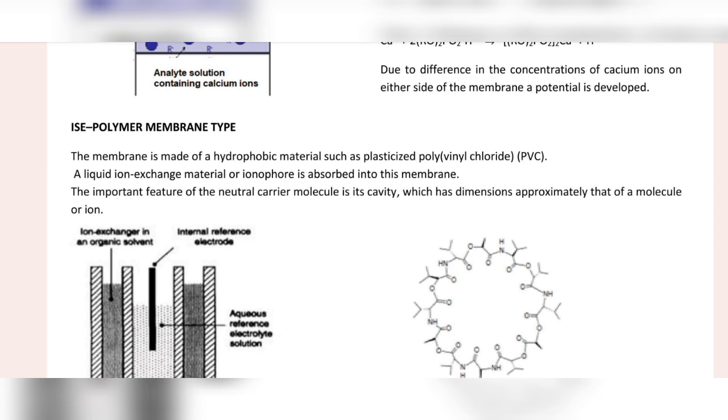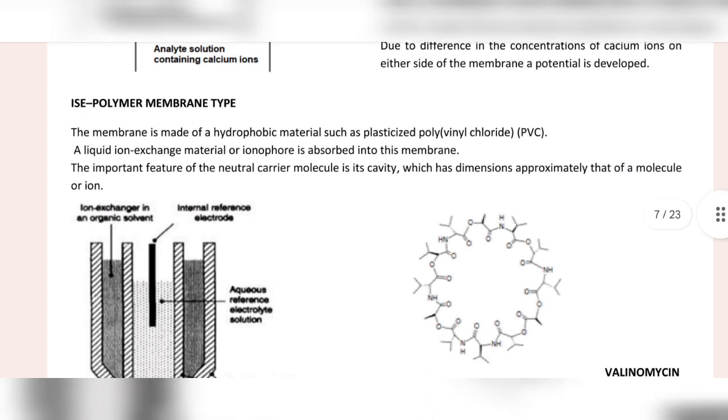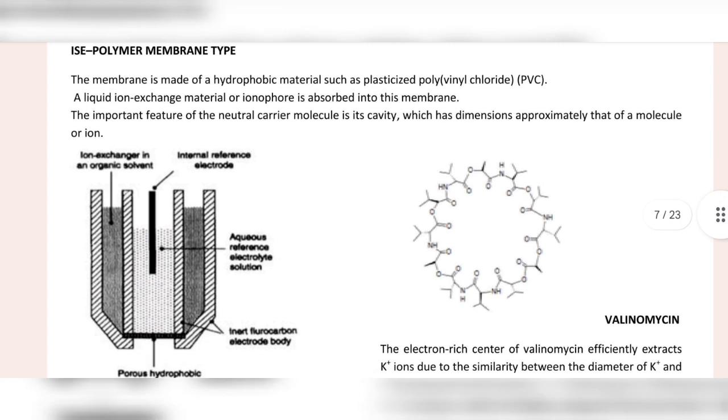The important feature of this neutral carrier molecule is its cavity. Here the ion exchange material consists of a cavity which has dimensions approximately that of the molecule or ion which we have to analyze. So this is a typical construction of a polymer membrane type ion selective electrode.